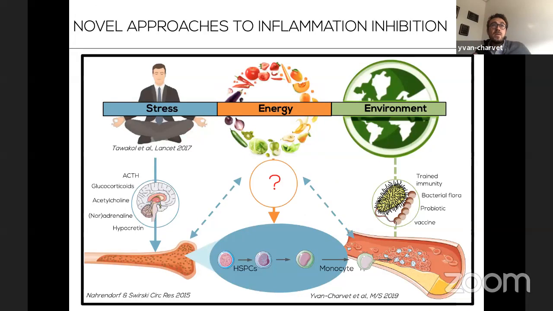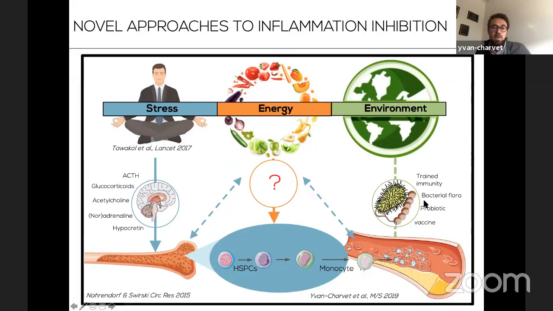But what are the novel approaches to inhibit inflammation? We know from the group of Matthias and Phil Swirski that stress is probably one of the key components contributing to enhanced myelopoiesis in the hematopoietic system, acting through the brain in part by different hormones that are secreted. We also know that the environment is very crucial.